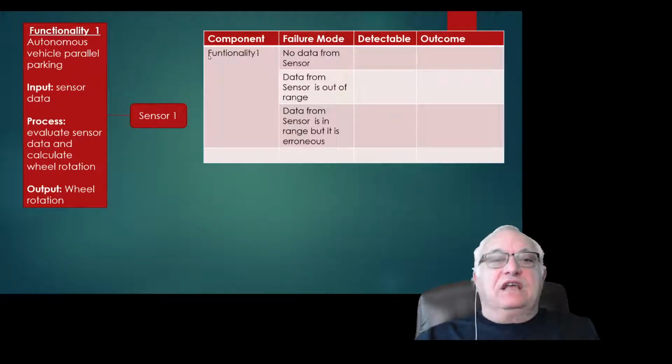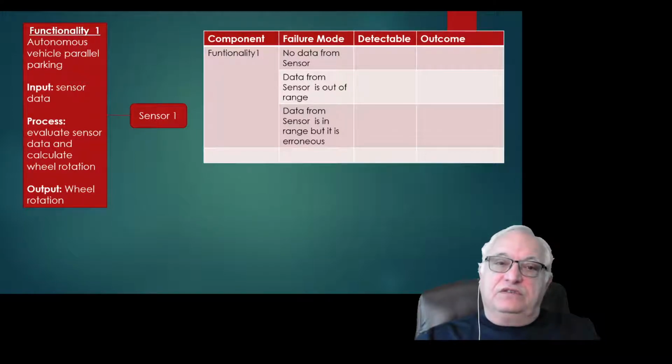Now let's get started. The component is functionality 1, which is this one here. For the failure modes, if you have a sensor that is providing data, you should always use these 3 failure modes to get started. The first failure mode is no data from the sensor.